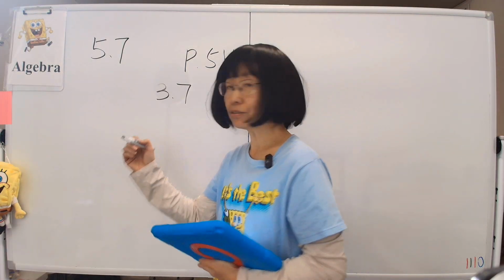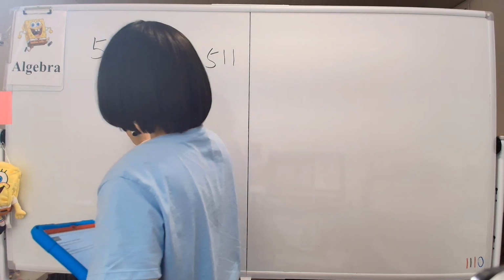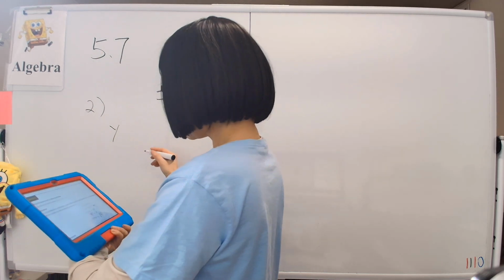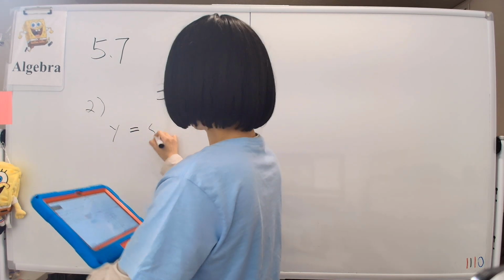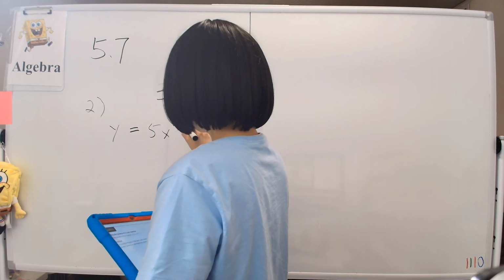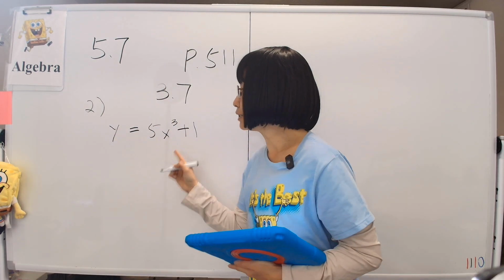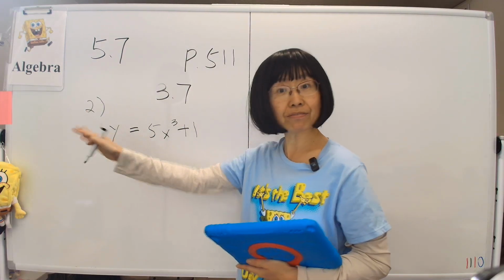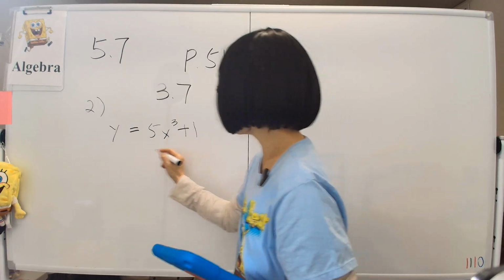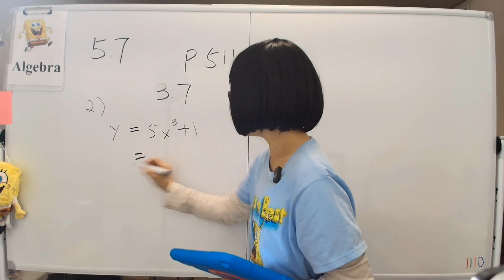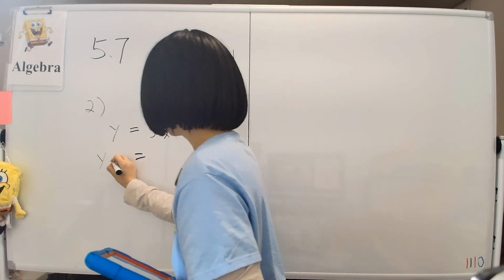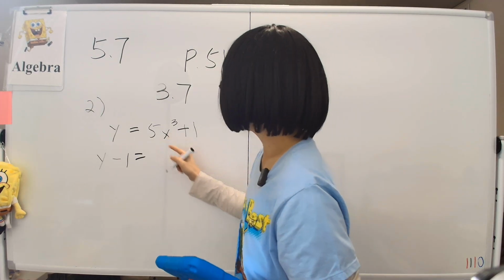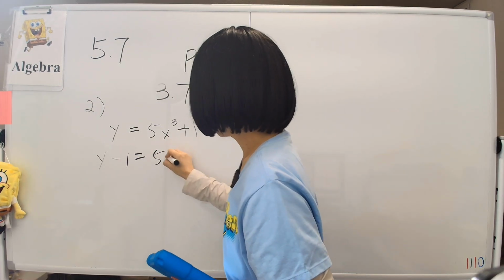So our function is f of x, which is y, in example 2. Now, y equal to 5x cubed plus 1. To calculate the inverse, we need to isolate x, that is, kick everything else away from x, so that there's only x left. To do that, first we'll get rid of the 1, so we get y minus 1 equals 5x cubed.